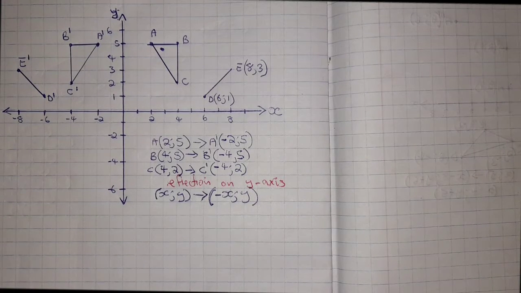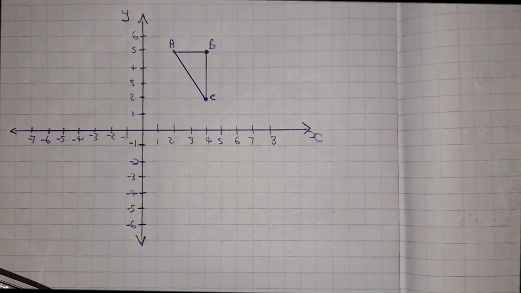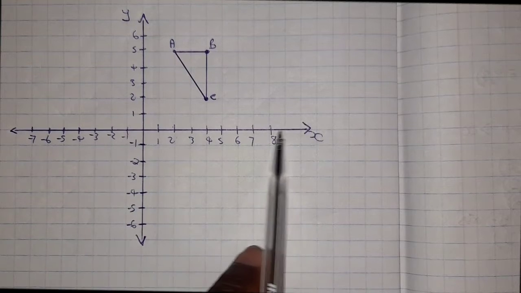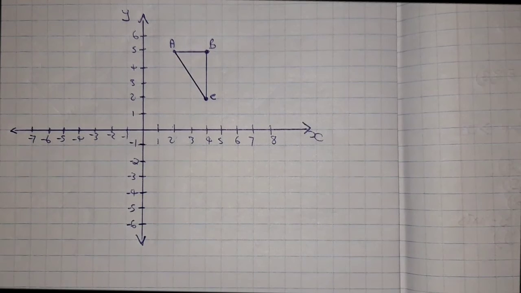Now let's look at reflection in the x-axis. Okay, now this one is a reflection along the x-axis. We still have the same triangle ABC with the same coordinates.